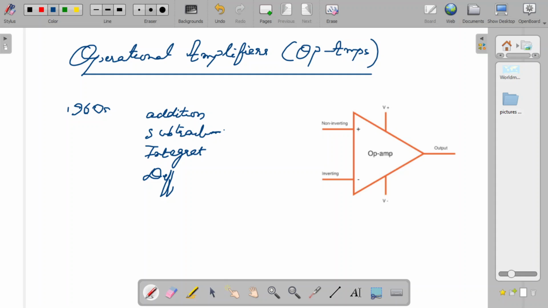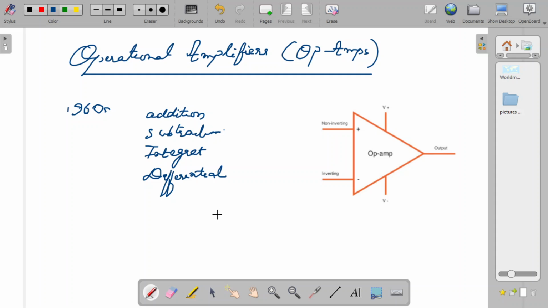So all these can be performed mathematically using these operational amplifier devices, op-amps. So this is the great advantage of op-amps, and this is why we call them operational amplifiers, because they do all these kinds of operations.